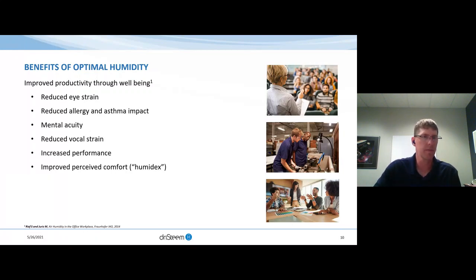Allergies and asthma, thinking not just in terms of viruses and bacteria, but also mold spores and other things within the space. If I can breathe easier in a mid-range humidity, it continues to make me comfortable.